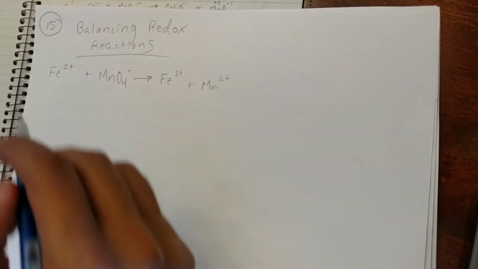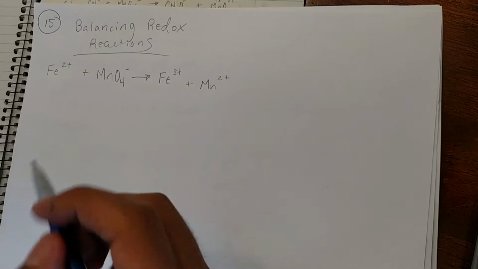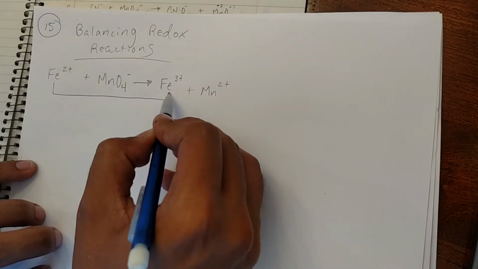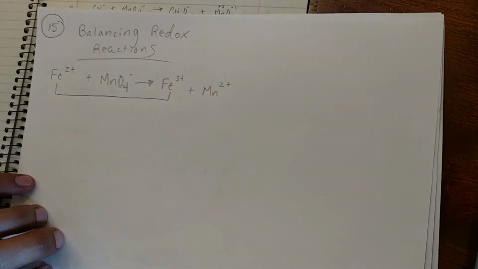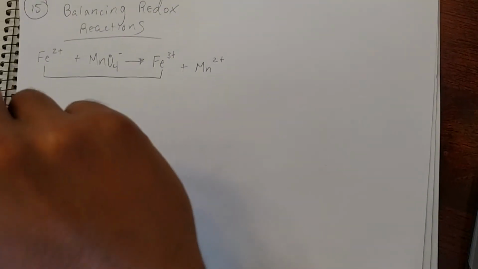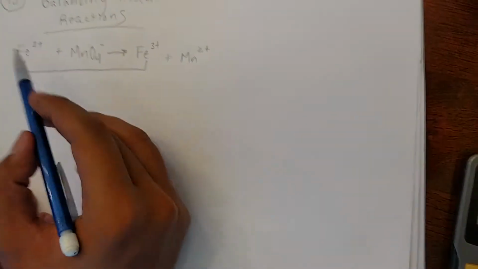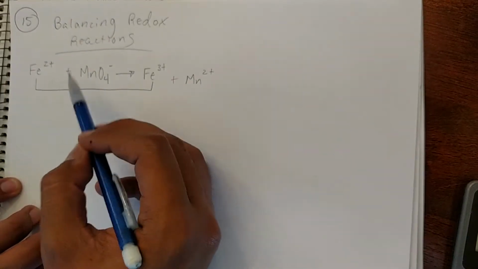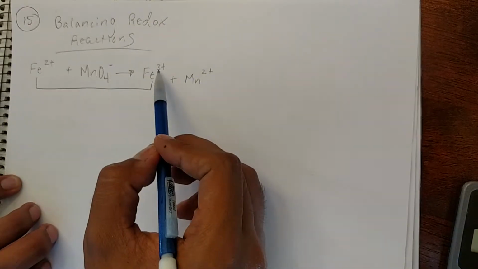So we know that our oxidation is going from Fe2+ to Fe3+ because oxidation deals with the loss of electrons. So we're going from 2+ to 3+, so we know that electrons are being lost because we're getting a more positive charge.